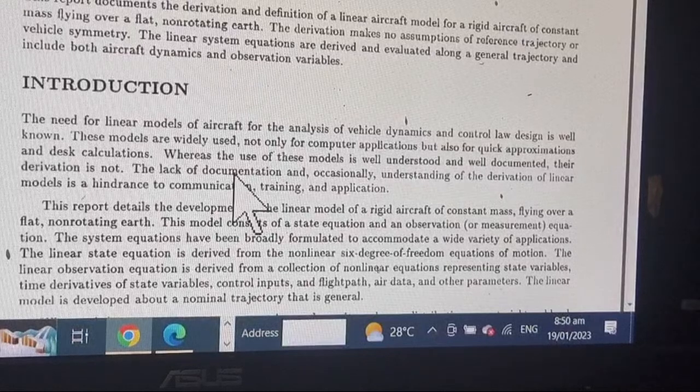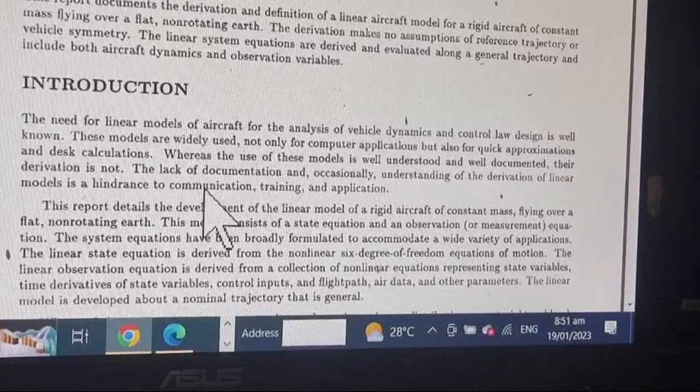Whereas the use of these models is well understood and well documented, their derivation is not. The lack of documentation and occasional understanding of derivation of linear models is a hindrance to communication, training, and application. So in other words, if you don't know the information that they're trying to give you, it could be a hindrance, so you have to go back and study, do more research.